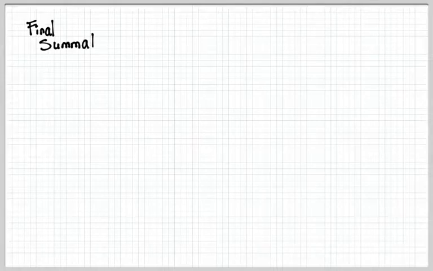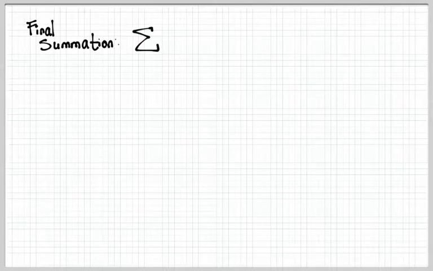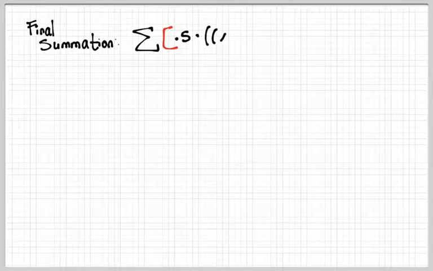For our final summation, will look like this. Sigma, and it will be good to use parentheses here, 0.5 times, that's my delta x, 0.5k plus 1.25 squared plus 2.